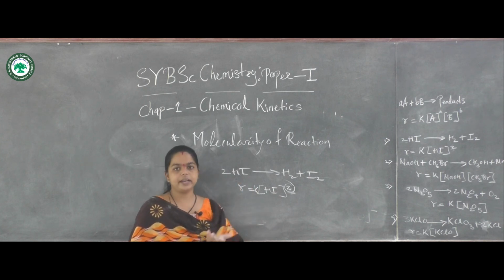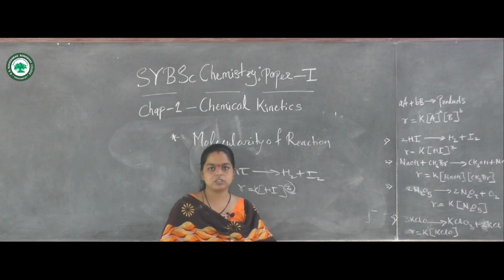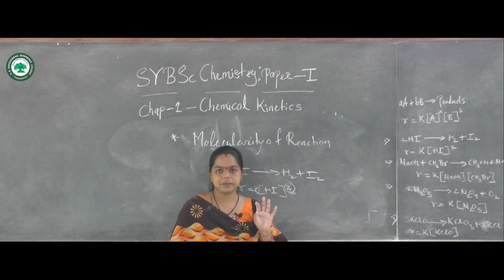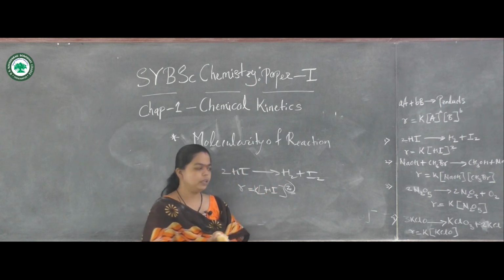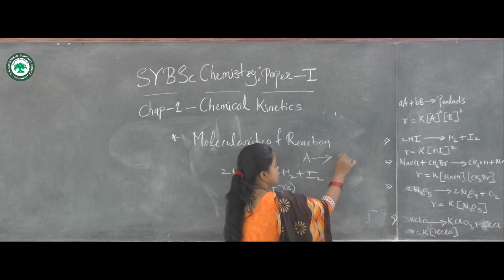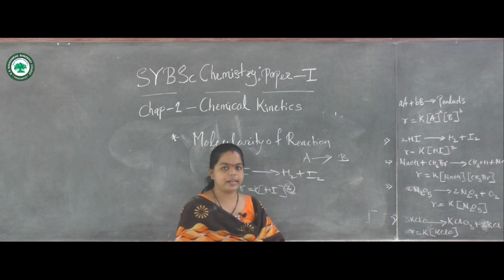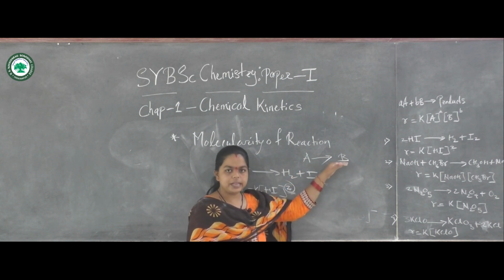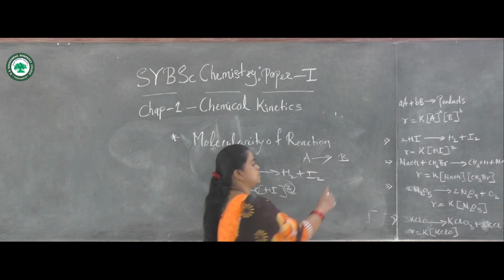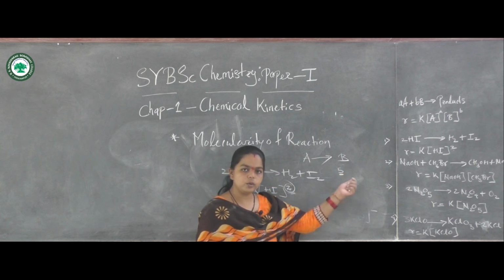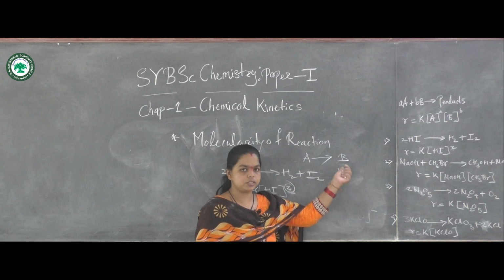If more steps are involved, it is a multi-step reaction. If a 5-step reaction is there, then 5 elementary steps are present in the reaction. If we consider A gives B, this simple reaction, A is the reactant and B the product. If this reaction involves 5 steps, we can say that 5 elementary steps are present for this reaction.